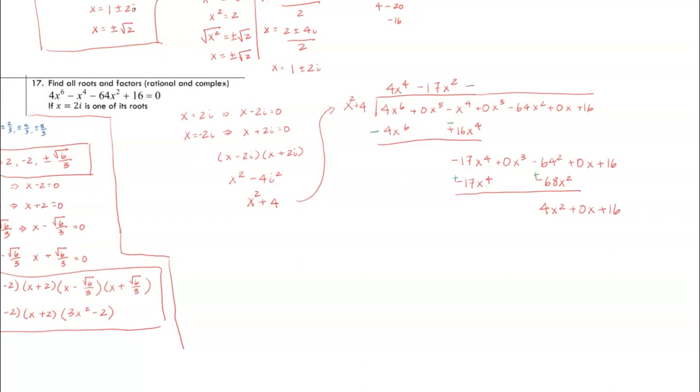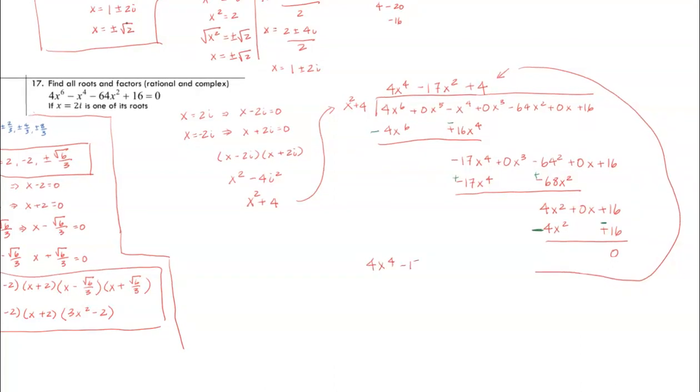And then that is going to be a positive 4x to the 2nd, and then plus 16, and a negative. Remainder of 0. Now we need this quotient. We need that quotient. So that 4x to the 4th minus 17x to the 2nd plus 4.